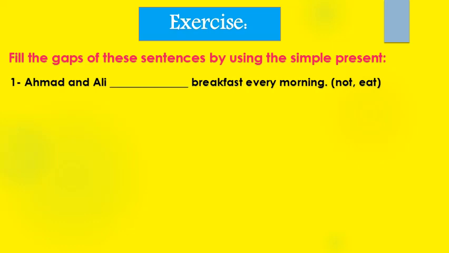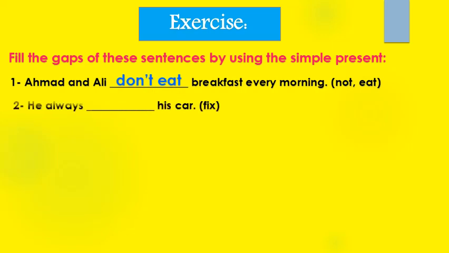Ahmed and Ali blank breakfast every morning. So here we have not, so it is negative form. And here we have the keyword every morning. So Ahmed and Ali, it is plural. So Ahmed and Ali don't eat breakfast.